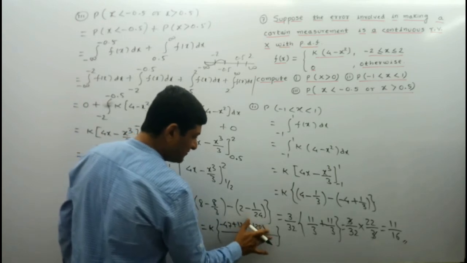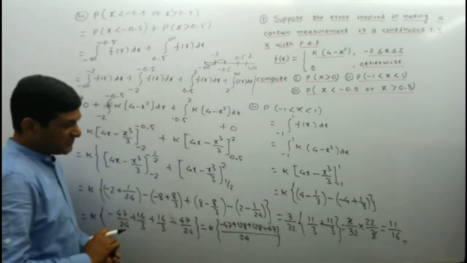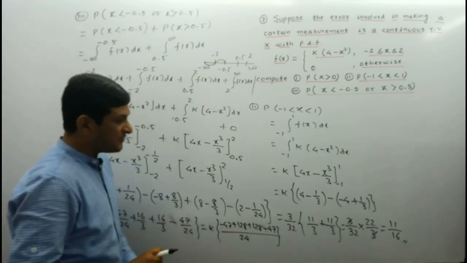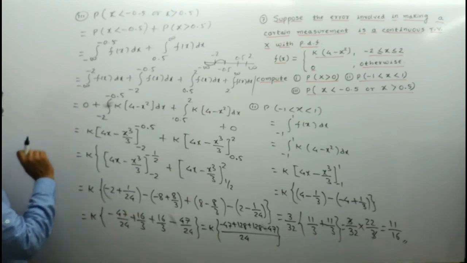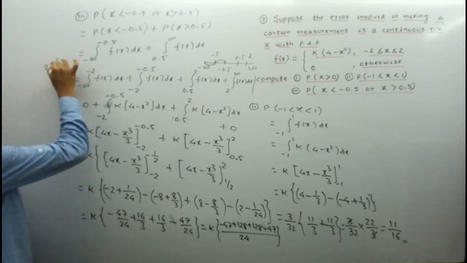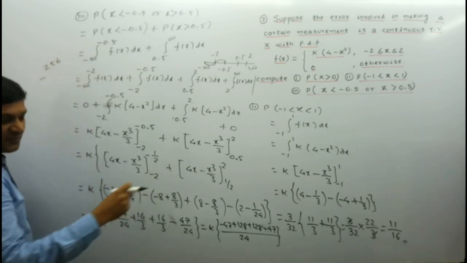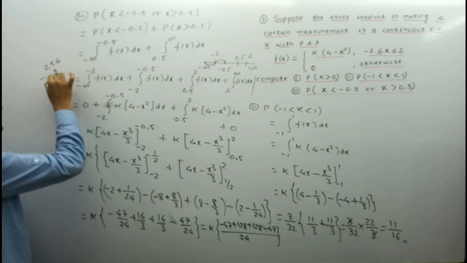So here in the numerator we'll get minus 47. So now observe here, 128 plus 128 is 256. 256 minus 47 and minus 47 will become minus 94.